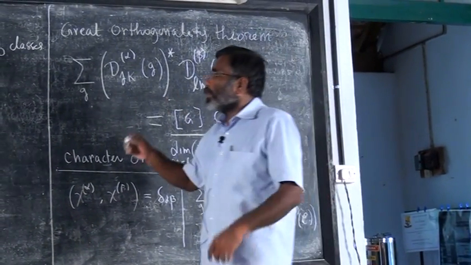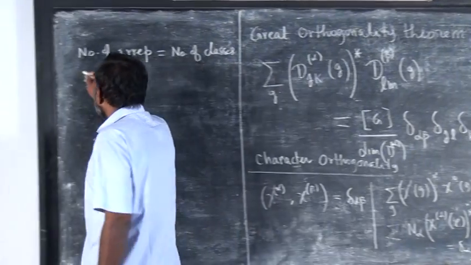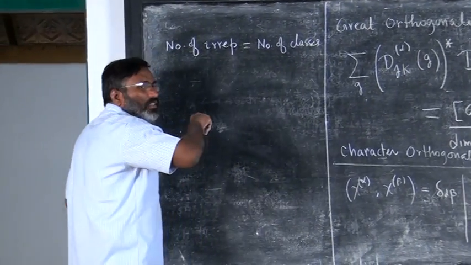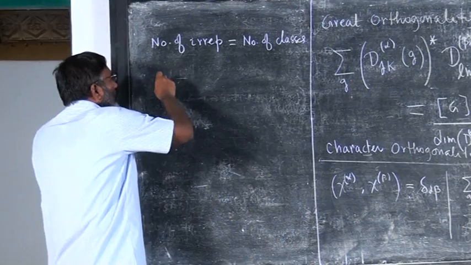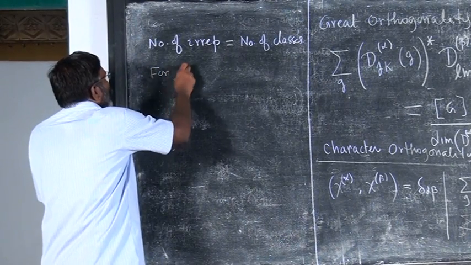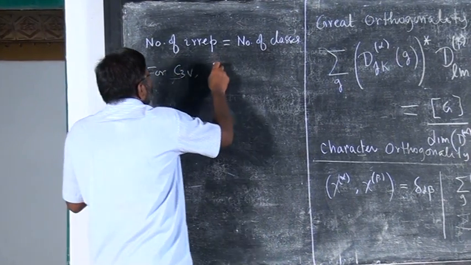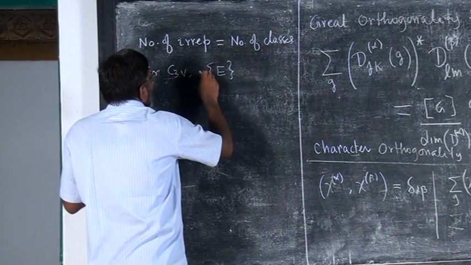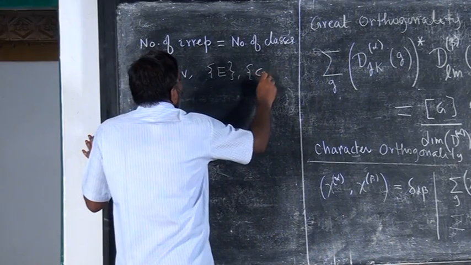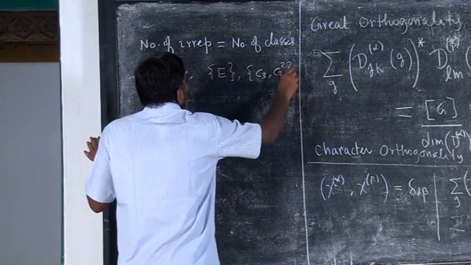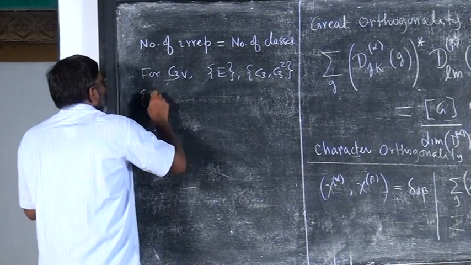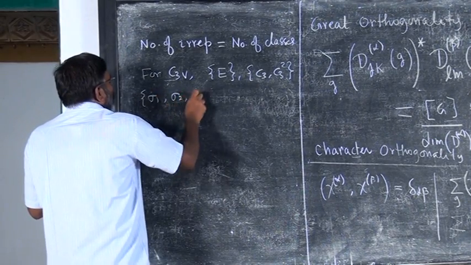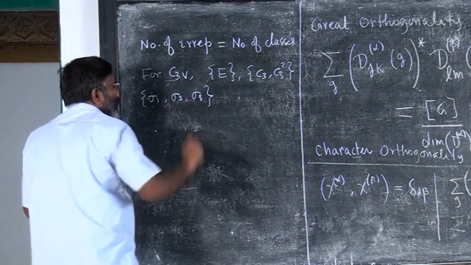So for this group, how many classes do we have for C3V? For C3V we had one class E, another class C3, C3 squared, and another with sigma 1, sigma 2, sigma 3. We enlisted the classes yesterday.